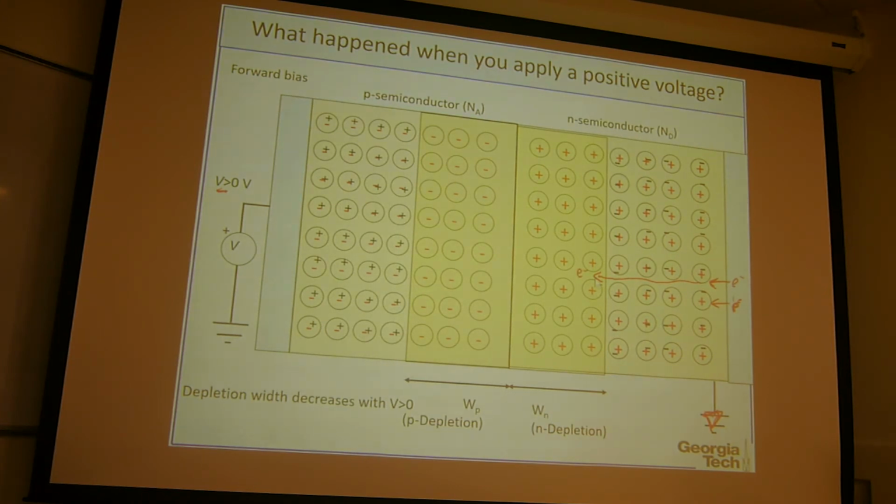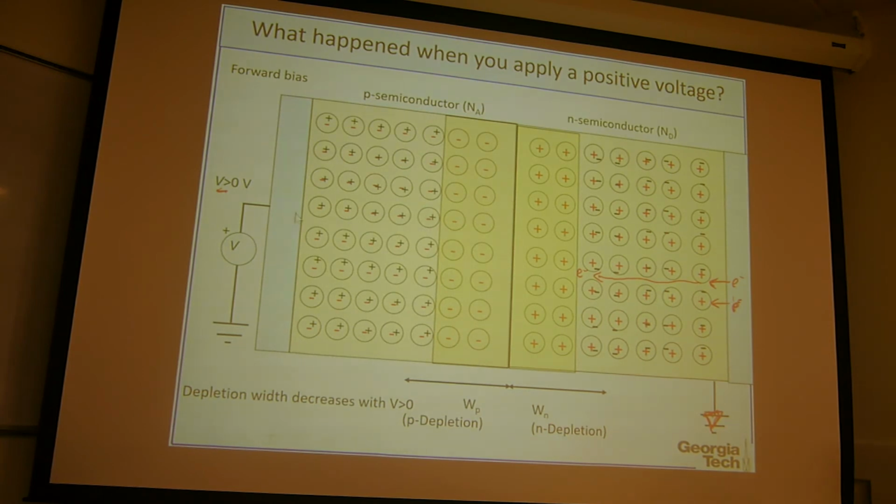So when electrons travel to here, what will happen? It looks like you have electrons here, right? That means this depletion region will shrink. Look at this animation one more time. You apply an external voltage, external charge, like electrons going into the device from the ground terminal, and then traveling to here. Then this shrinks.